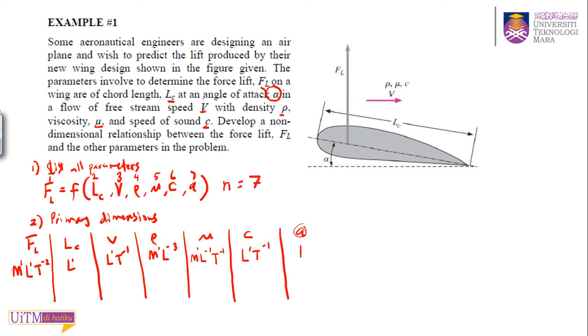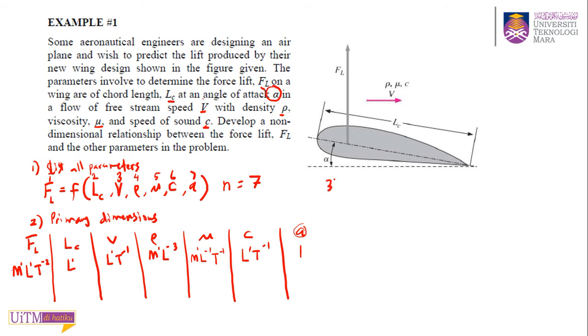F is MA, so M1 L1 T minus 2, the length is L1, the velocity is length over time, so L1 T minus 1, the rho is mass over volume, so M1 L minus 3, the mu is Pascal times second, so M1 L minus 1 T minus 1, and the speed of sound is L1 T minus 1. If you are confident enough and you already made sure the second step is correct, then move to the third step.